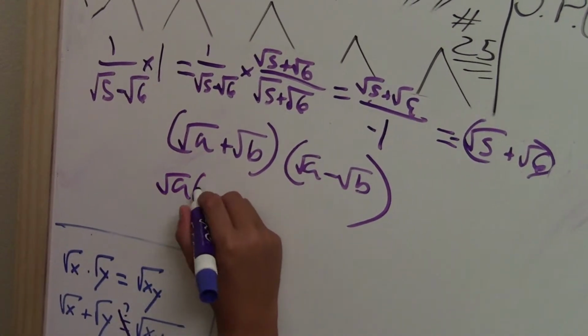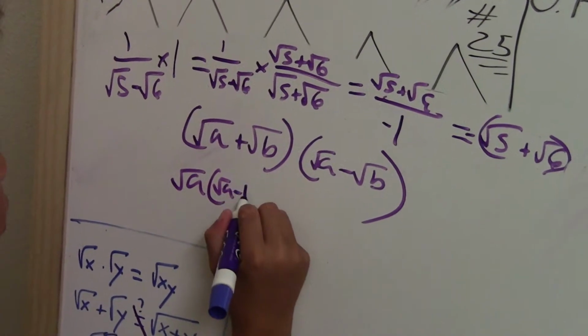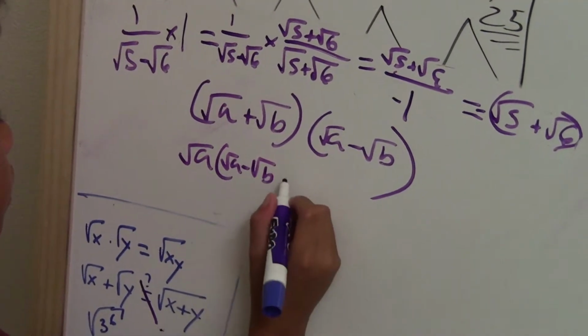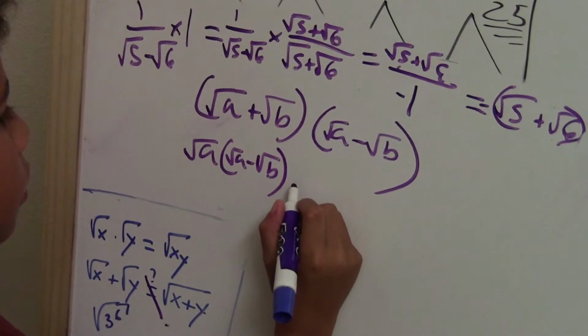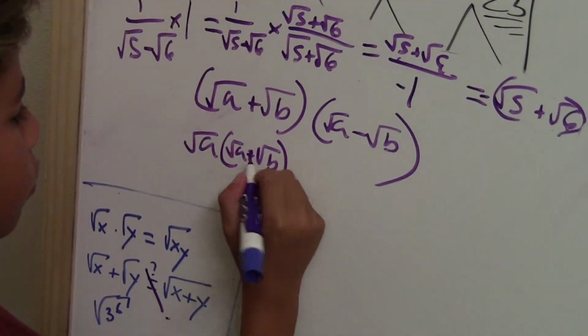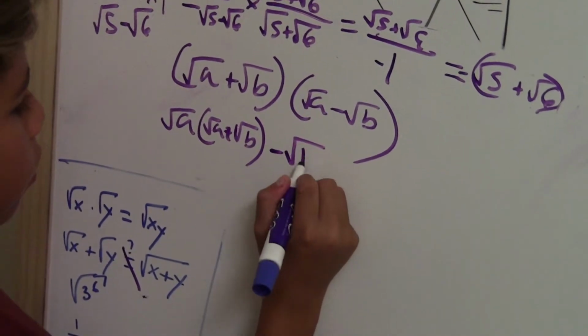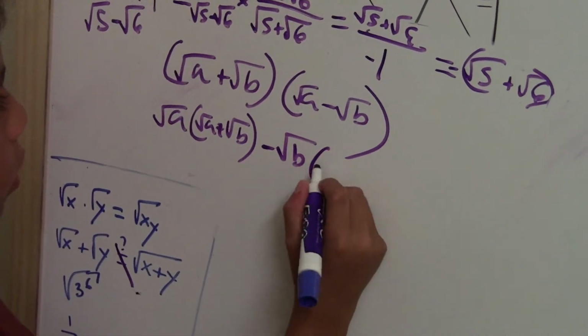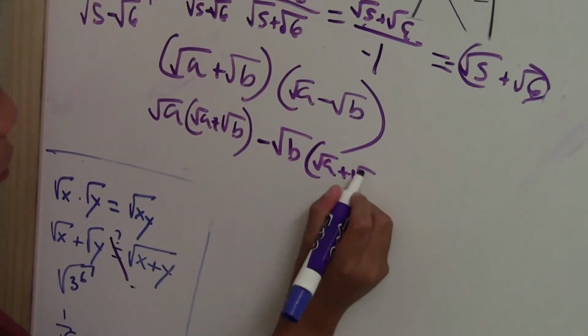Square root of A times square root of A minus the square root of B. Actually, let's do an addition. Minus square root of B times the square root of A plus the square root of B.